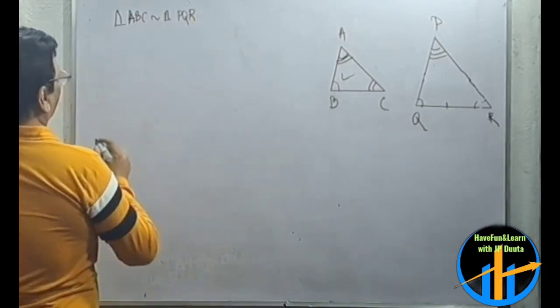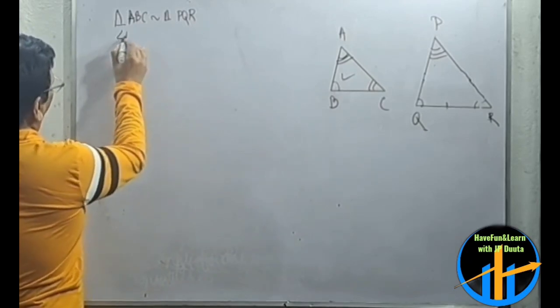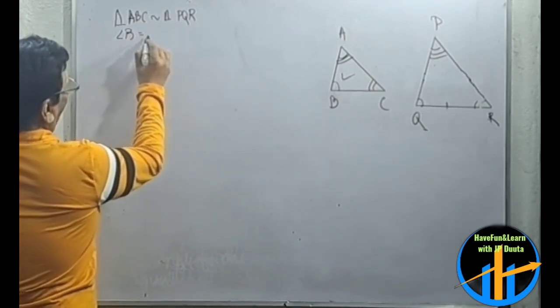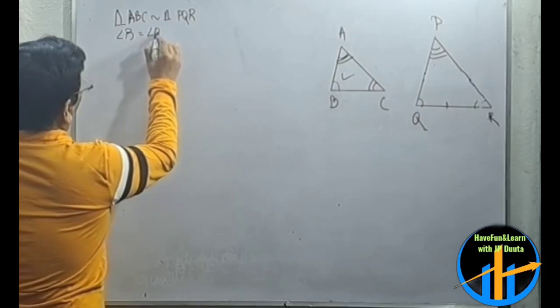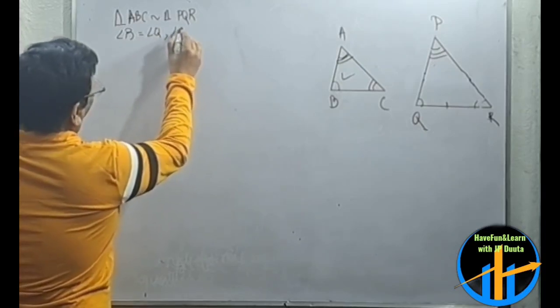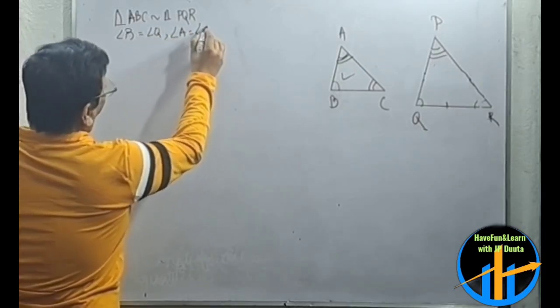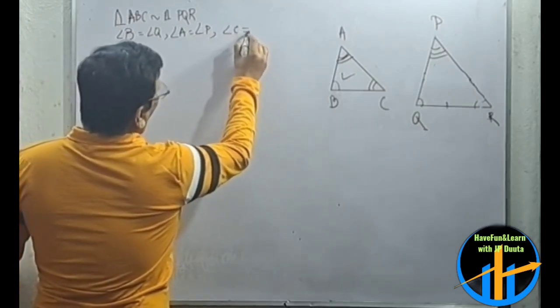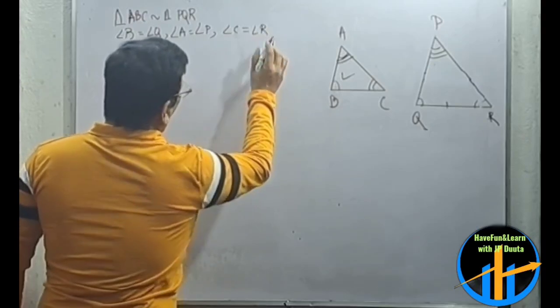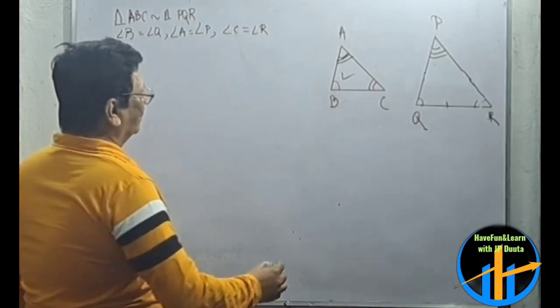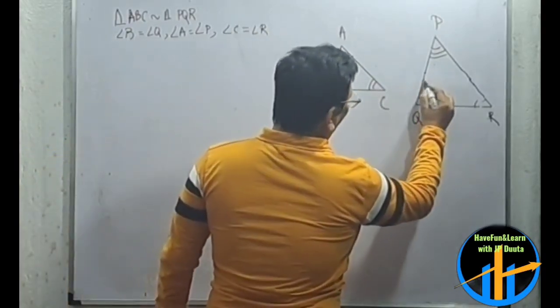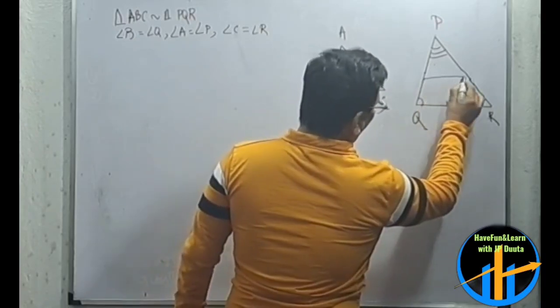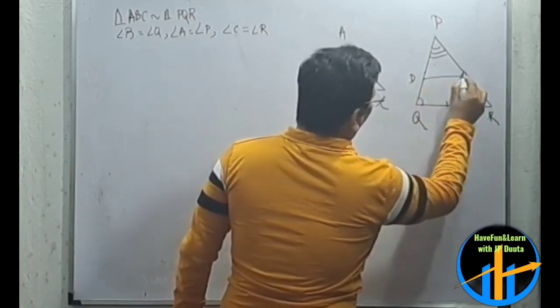Now, if it is so, then angle B is equal to angle Q, angle A is equal to angle P, and angle C is equal to angle R. Right? Now what we do is, we take this triangle and put it here like this and call it D.